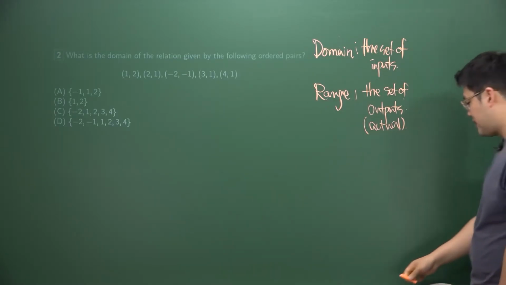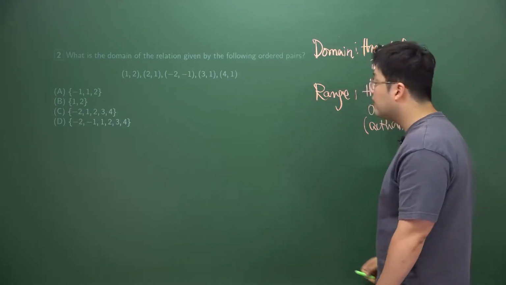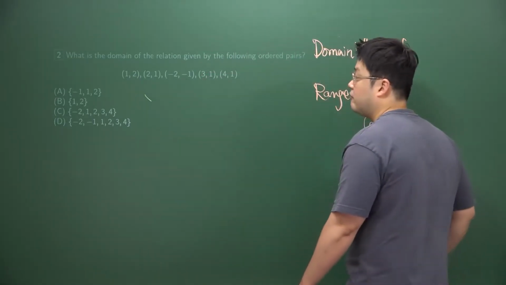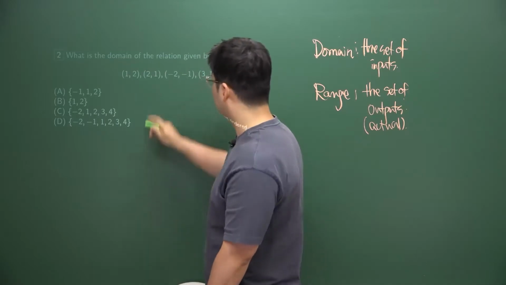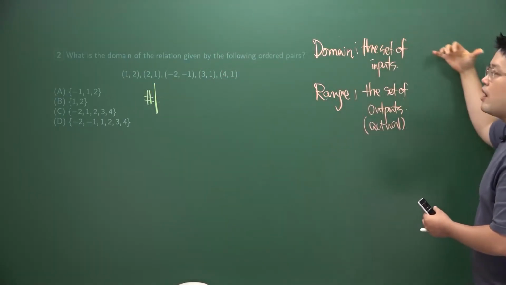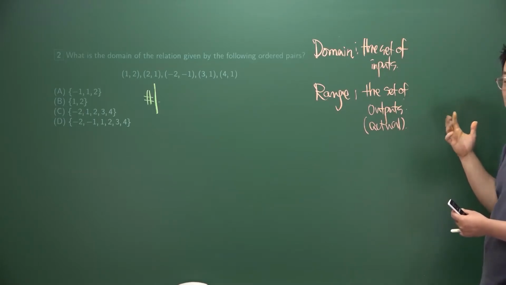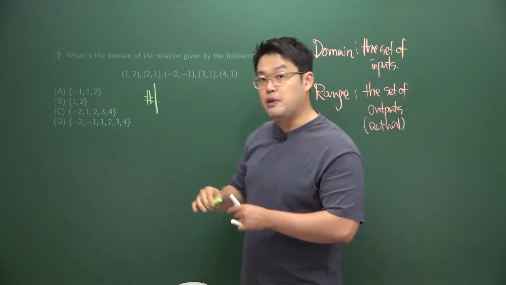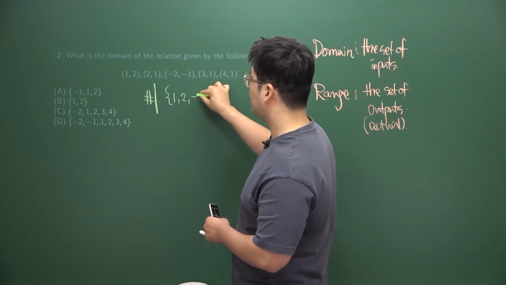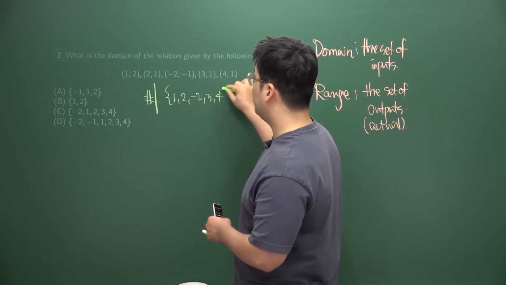All right, so let's have a look at these questions. We need to find number one. Should I write it in the following form? Yes. Number one, using this definition, domain must be counted only once. We have 1, 2, -2, 3, and 4.